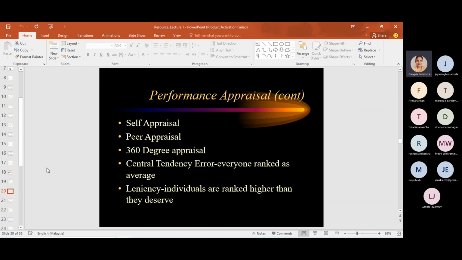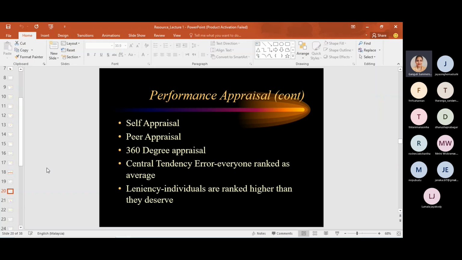Okay, so there are several types of performance appraisals. Self-appraisal, peer appraisal, 360-degree appraisal. These are three main types of performance appraisals. Self-appraisal means you are evaluating your own self.